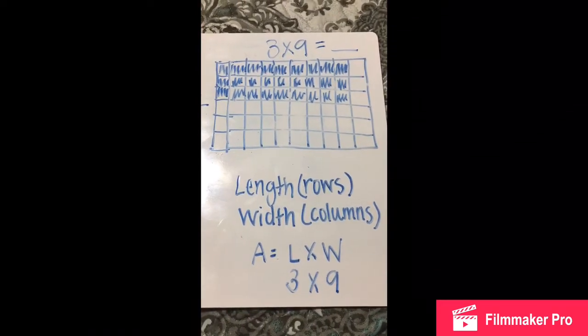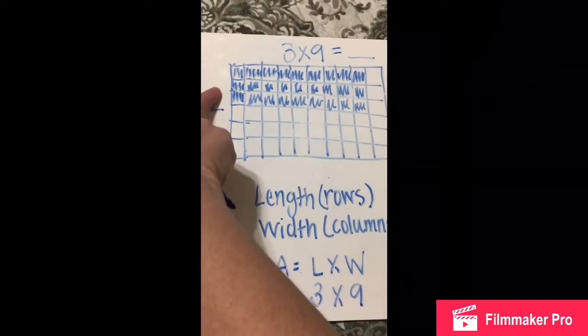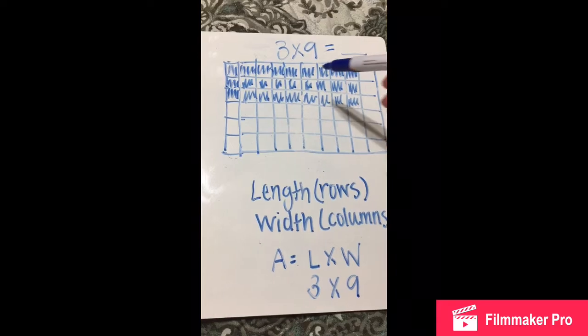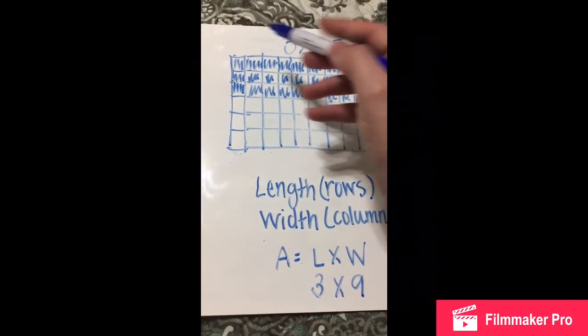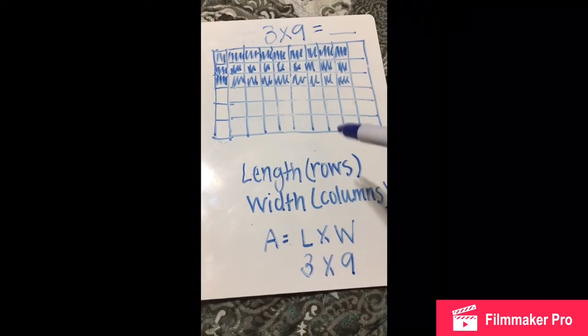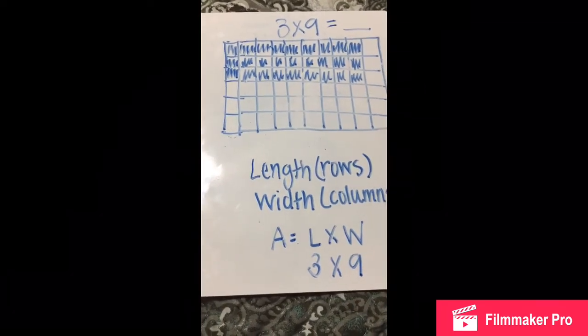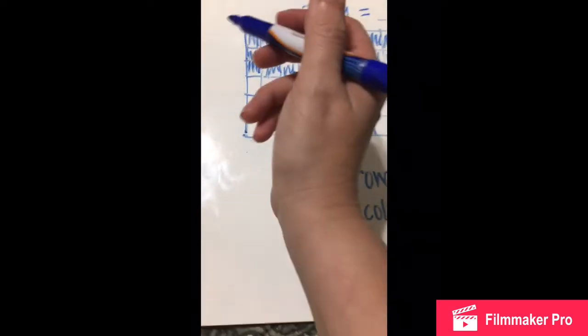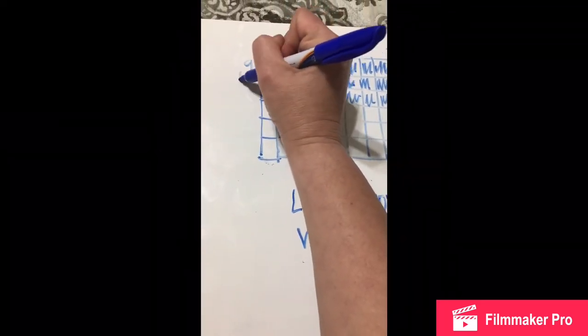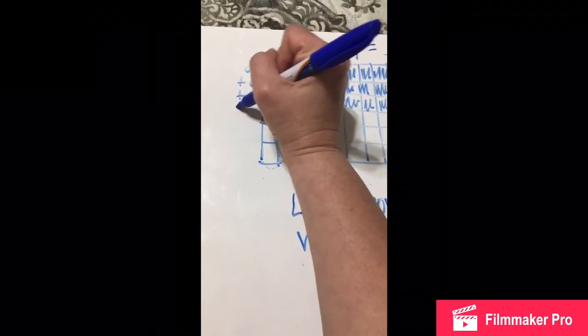So 3 times 9, I can either count up all these square units that I've colored in and get my answer, or I can do 3 groups of 9. So I could draw 3 circles and put 9 in each and count up all those dots. Or I could do repeated addition of 9 plus 9 plus 9.